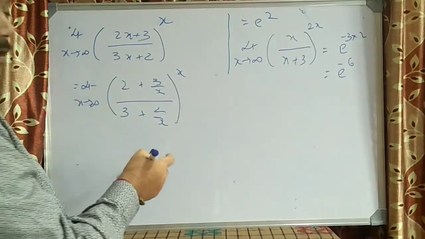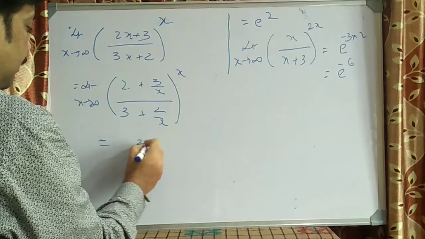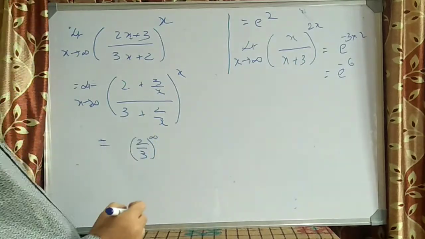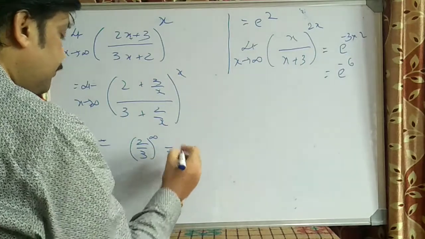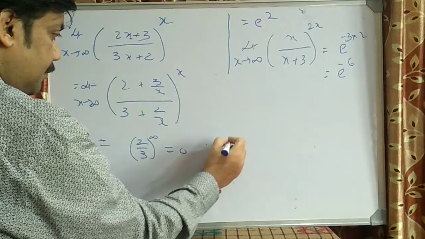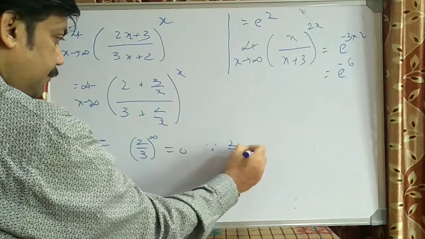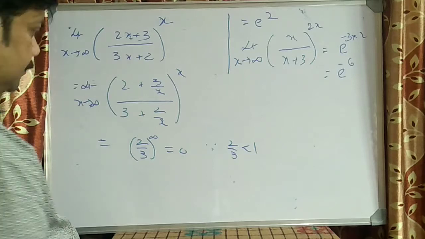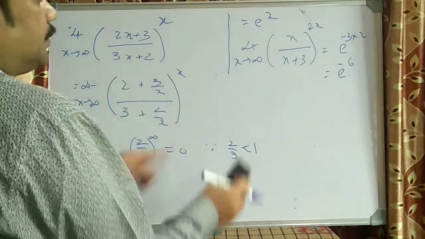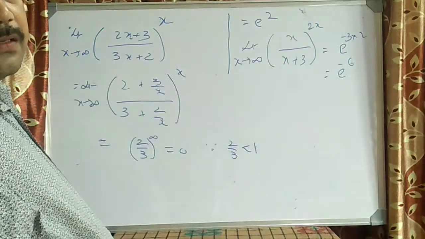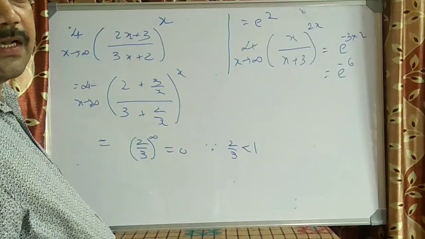Now if you observe, this is of the form (2 by 3) whole to the power infinity, which is equal to 0 because the value is less than 1. Since 2 by 3 is less than 1, this formula is applicable only when the coefficients of the x are equal.